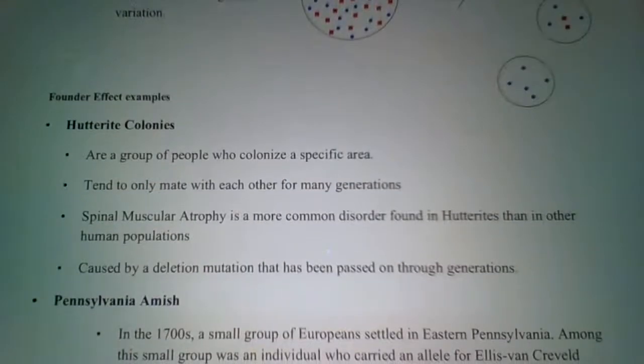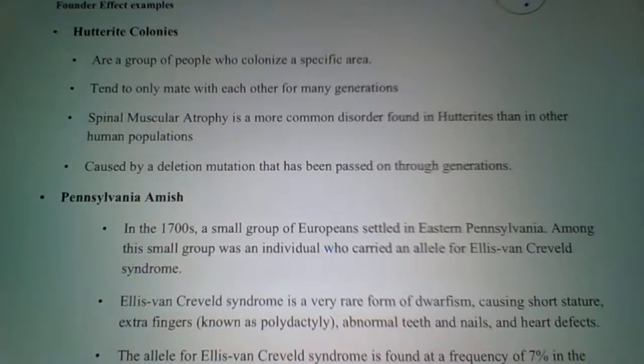So there's a couple of examples in humans that we've seen and tracked. One of them is the Hutterite colonies. So in Hutterite colonies, where they have a smaller gene pool to choose from, they at least traditionally were controlling their mating and not breeding outside of the colonies.